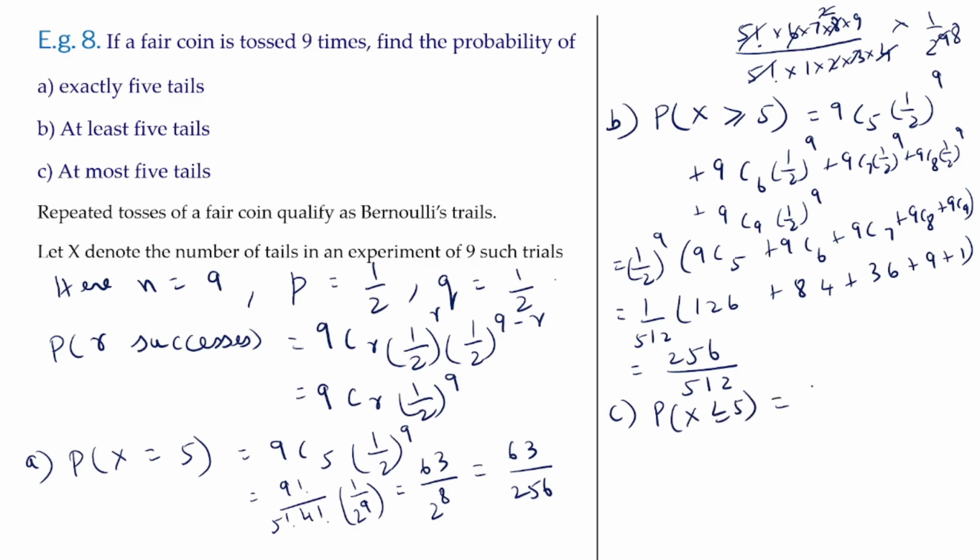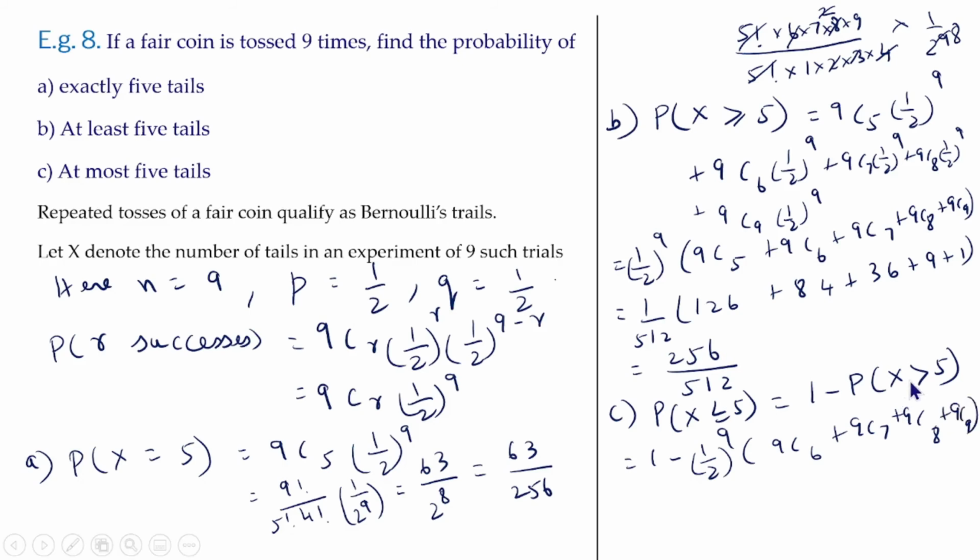Now this is equal to 1 minus probability of x greater than 5, which is 1 minus half the whole raised to 9 into 9C6 plus 9C7 plus 9C8 plus 9C9.